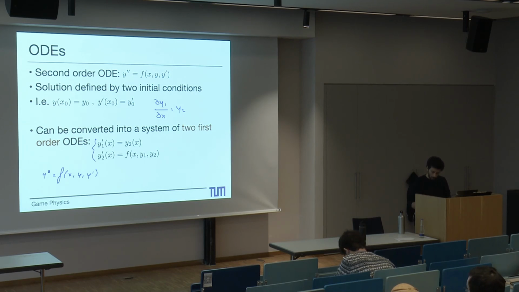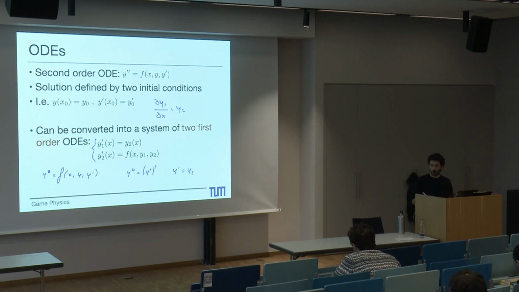So we know that y second is equal to the derivative of a certain quantity again, right? So far so good. It's just the second derivative, the first derivative of the first derivative, right? Now, if I call y prime equal to y2, and I give it a name, I just call it in this way.